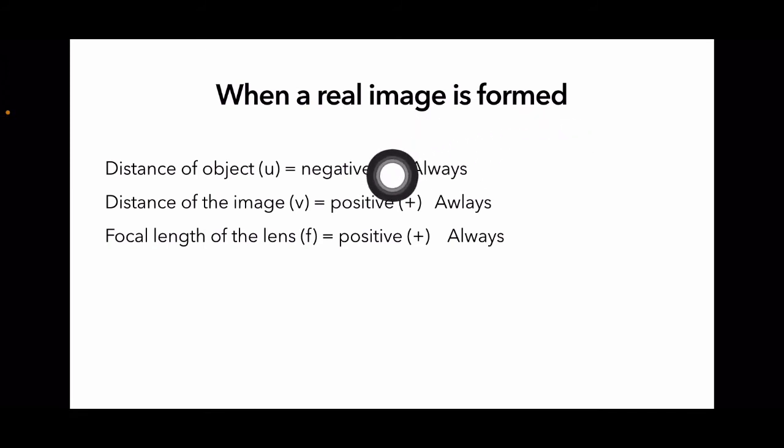The distance of the object u from the optical center is always negative. The distance of the image v from the optical center is always positive, always. And then the focal length of the lens is always positive in the case of a convex lens.